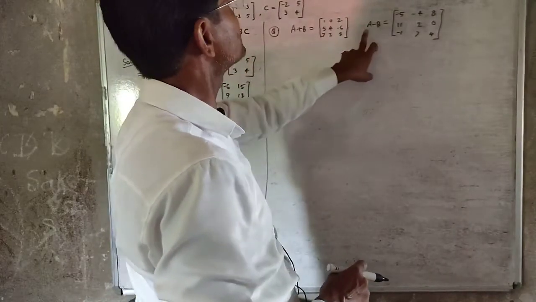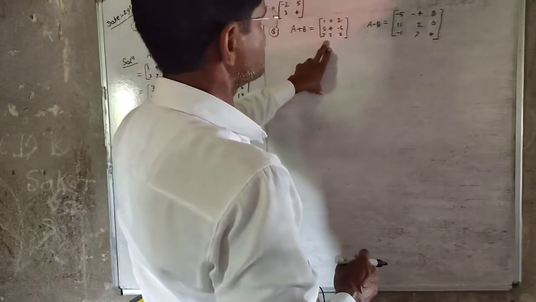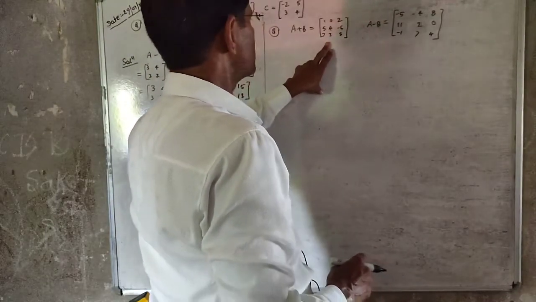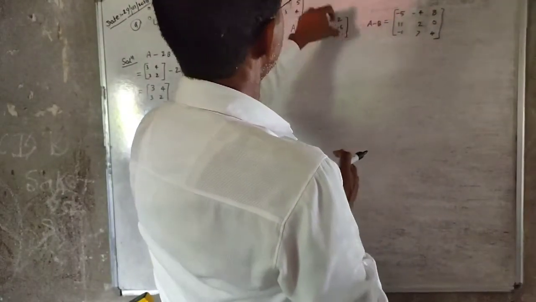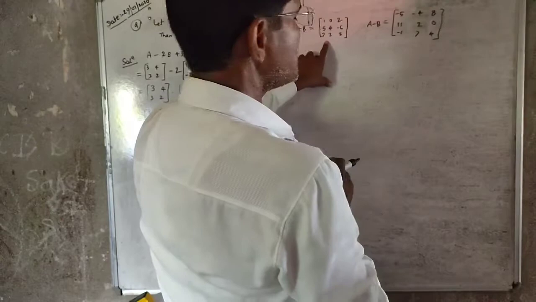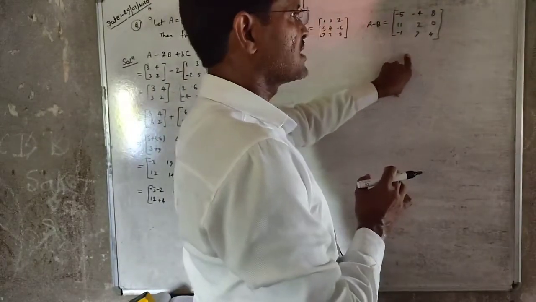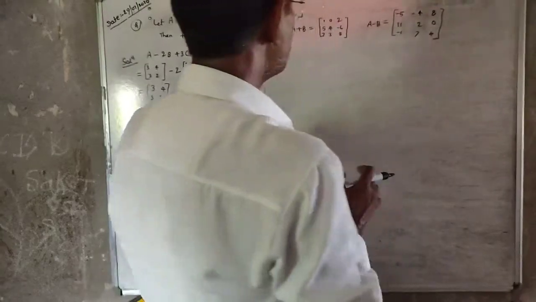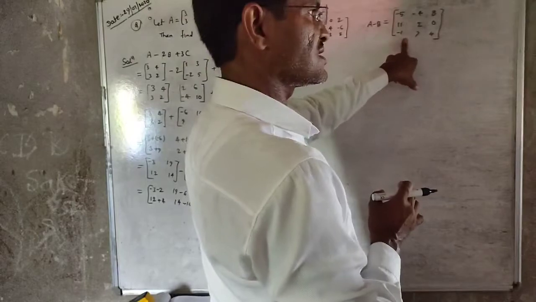A plus B and A minus B are both square matrices, both of order 3 by 3. It means A plus B is a matrix of 3 by 3 and A minus B is also a matrix of 3 by 3. Now we can subtract or add these matrices.